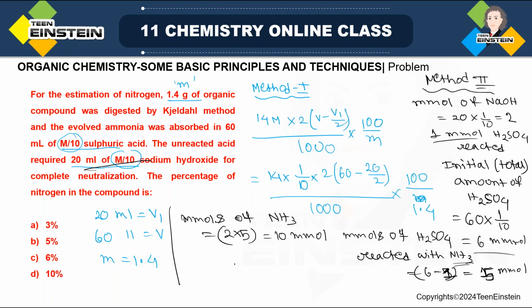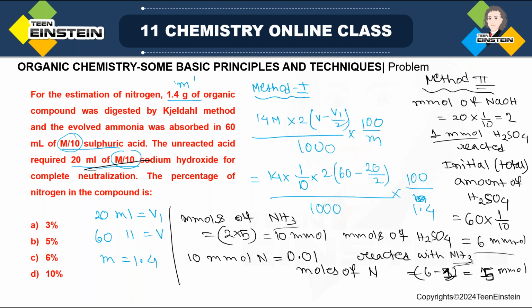Now if that is the amount of ammonia, then the amount of nitrogen is also 10 millimole because one NH3 contains one N. So finally I can write 10 millimole nitrogen, which is same as 10 millimole ammonia. We will convert it to moles, so simply multiply it with 10 to the power minus 3. So it will be 0.01 moles of N.